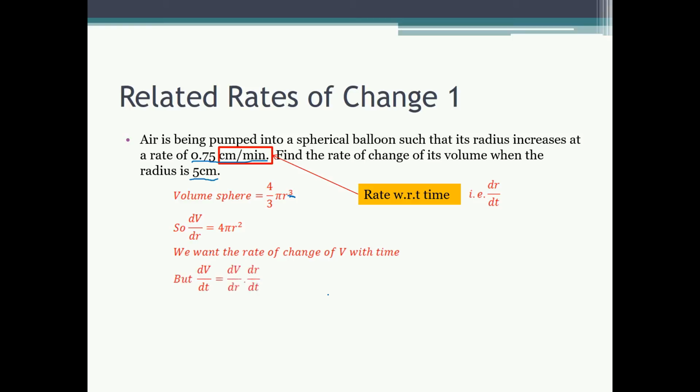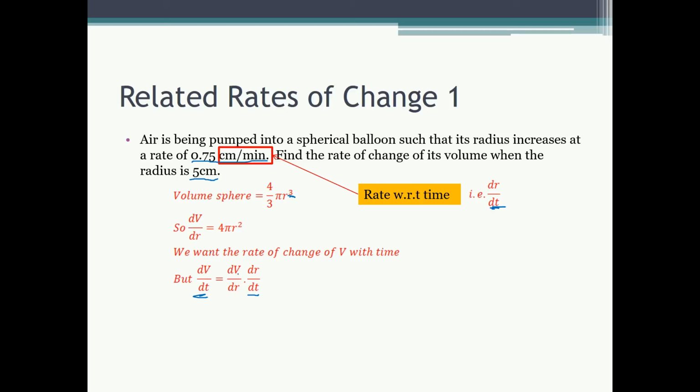So we know the relationship between these things, and with related rates of change, what you do is you use the chain rule. We know over here we've got dr/dt. What we want to know, we also know that dV/dt is dV/dr times dr/dt. So there is dr/dt there. So dr/dt is a number, which is 0.75.